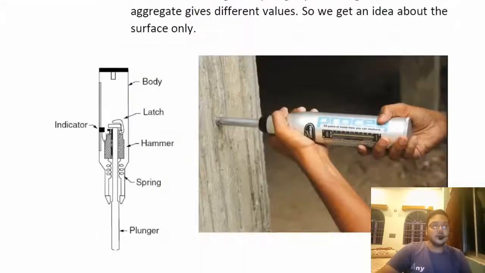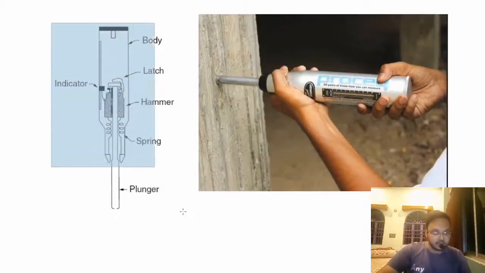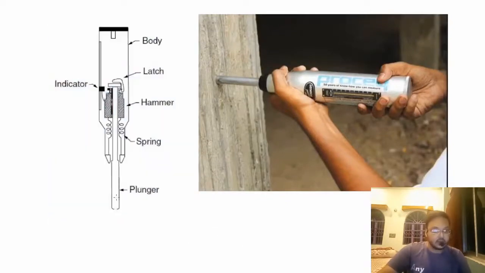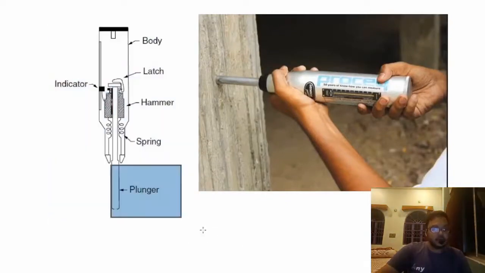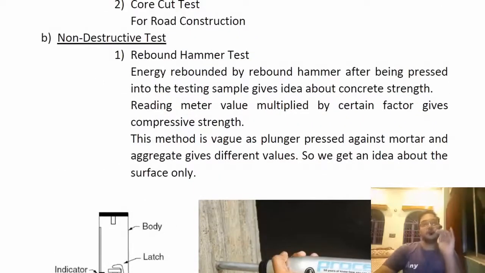In the rebound hammer, you can see this hammer-like thing, and this is the diagram of it. There is a plunger, and this plunger is pressed against the concrete wall, slab, beam, or even the specimen which we use in our lab to conduct various tests.